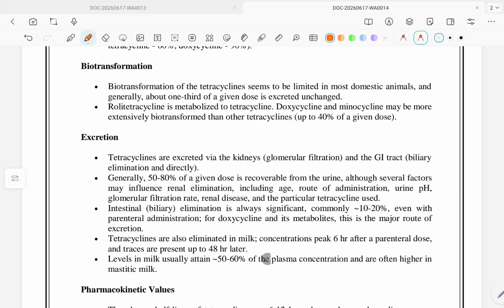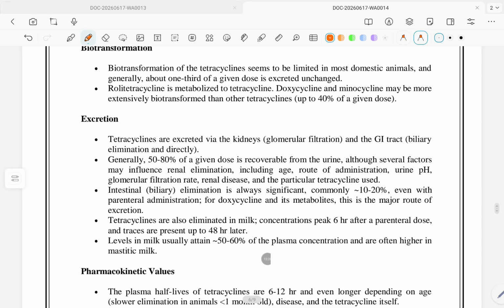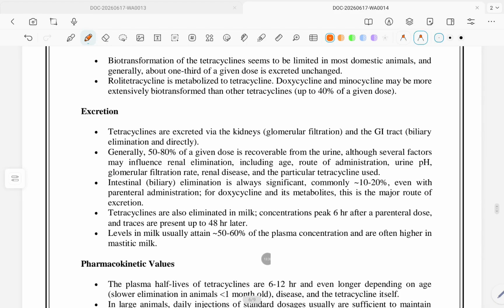Rolitetracycline is metabolized to tetracycline. Doxycycline and minocycline may be more extensively biotransformed than other tetracyclines, up to 40% of a given dose.